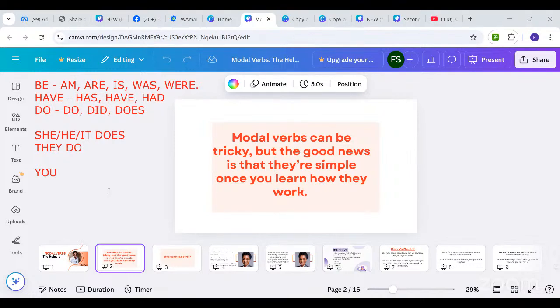Then we have are. We can use that for second person and third person plural, present tense. So I can say you are, second person, you are sleeping. And I can say they are, they becomes plural now. They are sleeping.